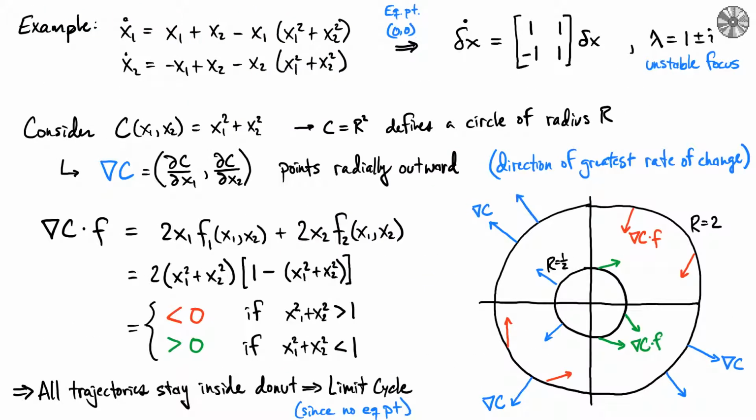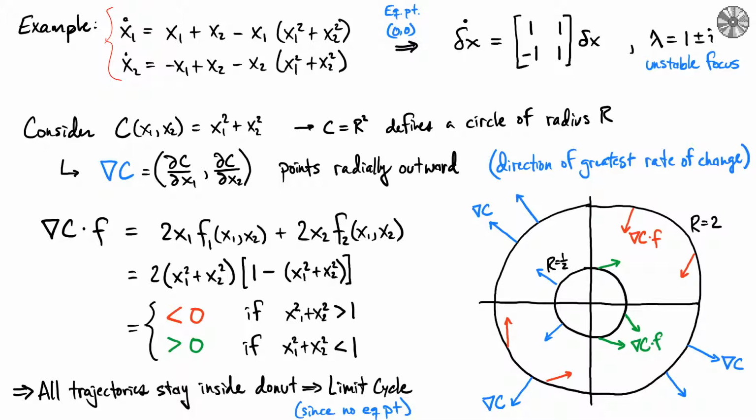The goal of this example is to demonstrate this idea of a positively invariant set, and then how we can leverage all of our tools about stability to determine stability of the overall system. And so we're going to take this rather complicated system of differential equations that is nonlinear. And again, I'll let you pause the video to confirm to yourself that the origin is the equilibrium point in this case.